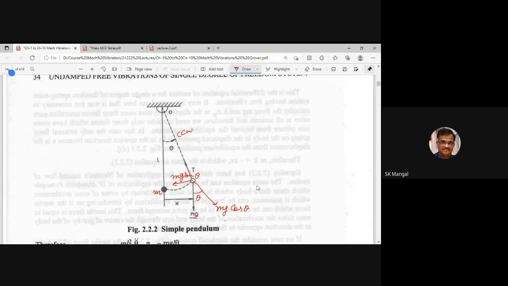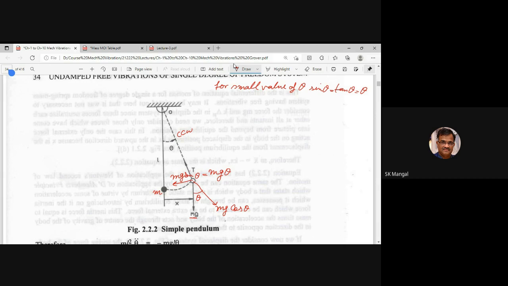Now here, for a small value of theta, sin theta is equal to tan theta is equal to theta. So I can write nothing but mg into theta.